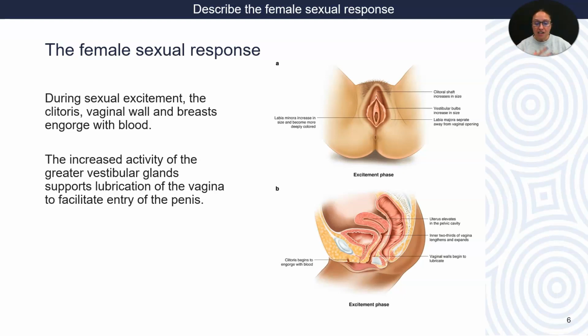So our reproductive organs are designed to bring the gametes together, okay? For example, we have glands like the greater vestibular gland that is designed to provide lubrication in order to facilitate the entry of the penis and make sure that the egg and the sperm actually meet, okay?